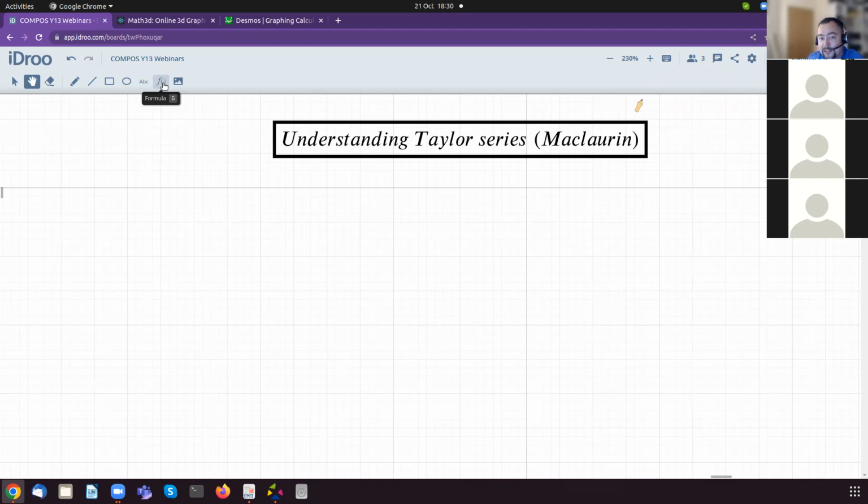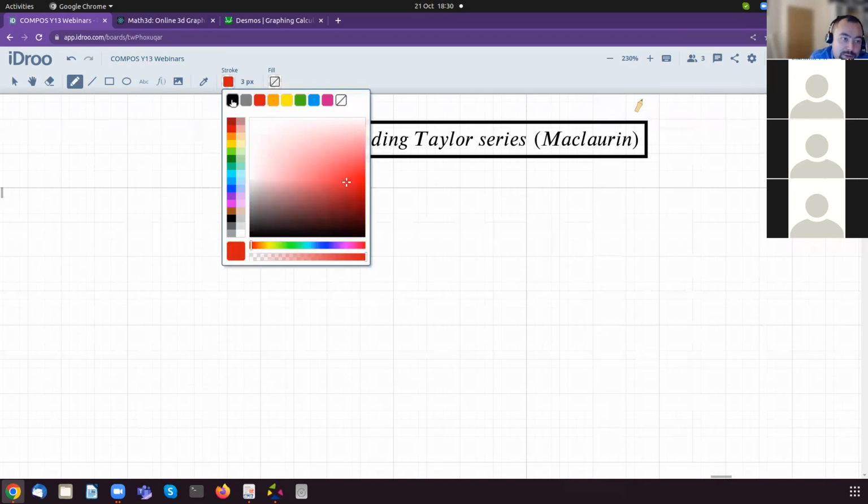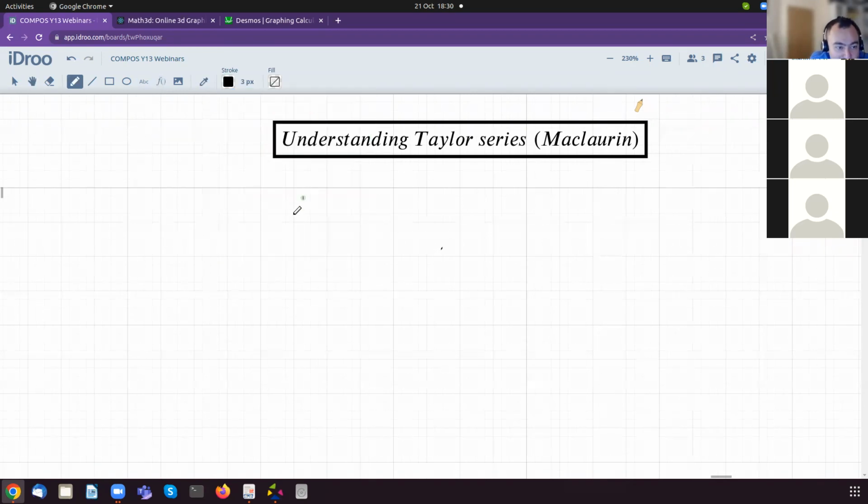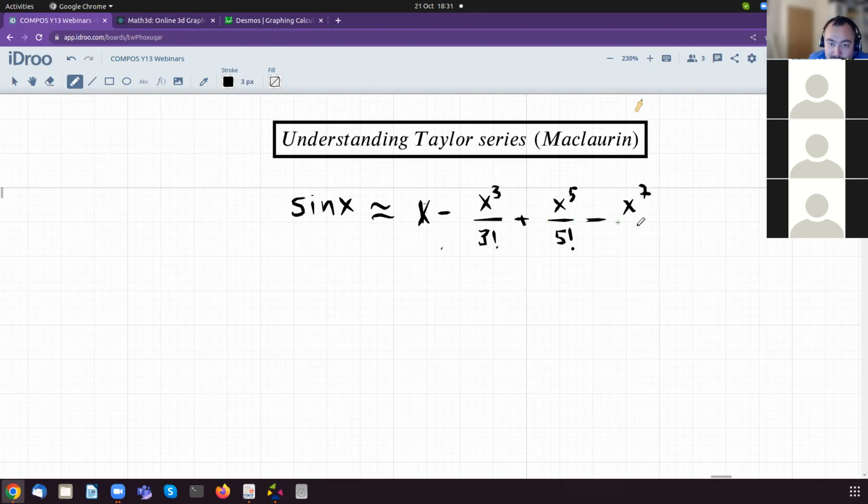The calculator uses an approximation of sine called the Taylor approximation. To a very good degree of accuracy, sine x can be approximated by x minus x cubed over 3 factorial, plus x to the power 5 divided by 5 factorial, minus x to the power 7 divided by 7 factorial.